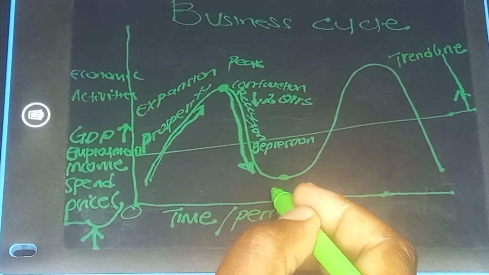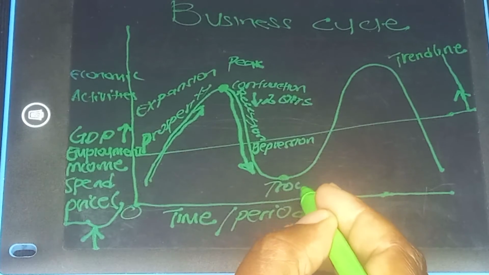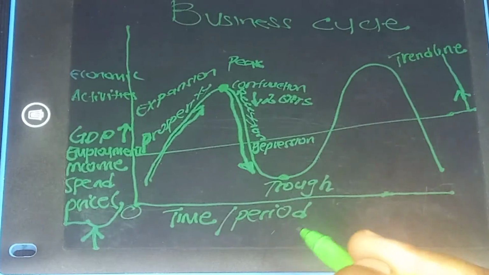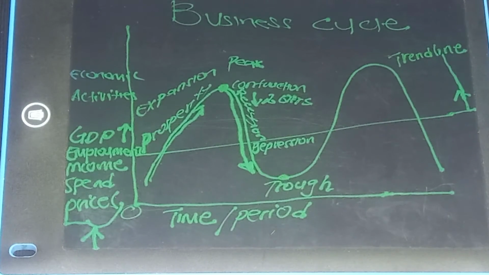Now, it reaches what we call the second turning point, which is the trough. A trough is where most businesses are closed, which is very bad for the economy. The economy has gone down, inflation is very high.